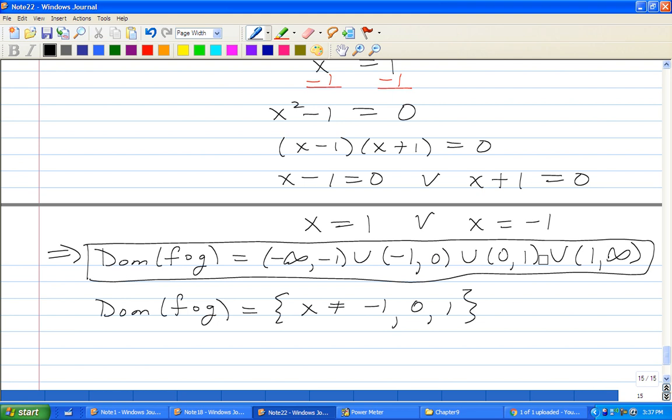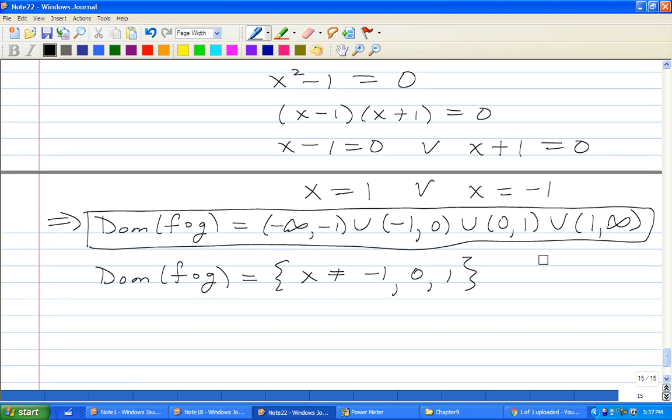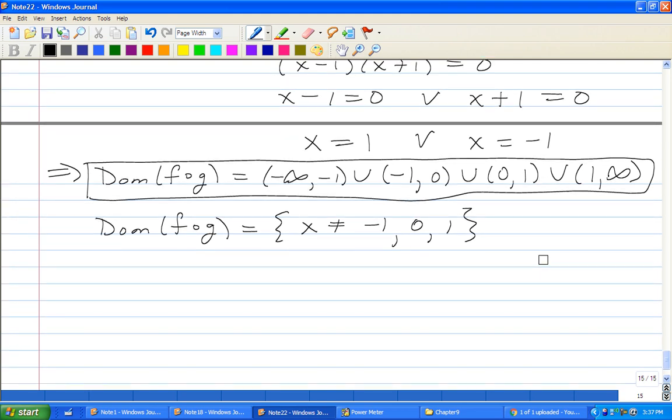Let me do part B. g composed with f at x.